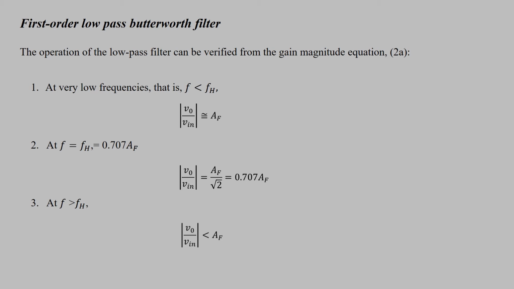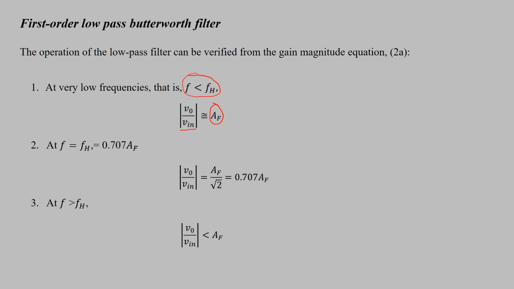So the operation of this low pass filter can be verified from the gain magnitude equation above, that at very low frequencies, f less than FH, mod V0 by Vin is nearly equal to AF, that is the gain of the op amp.